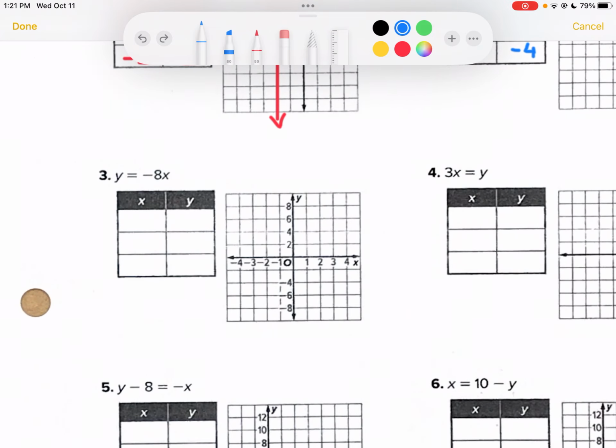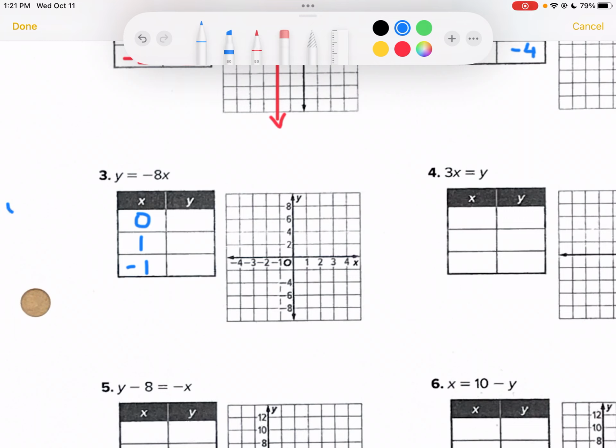3 says y equals -8x. We're going to plug in some numbers. Let's plug in 0, because that's always easy to work with. Let's plug in 1, and let's plug in -1.